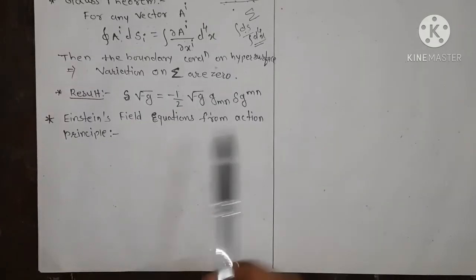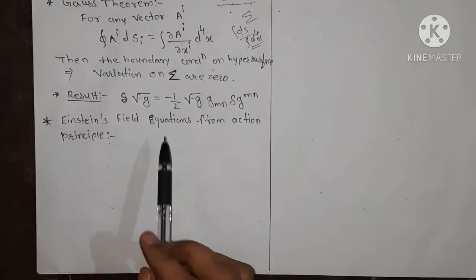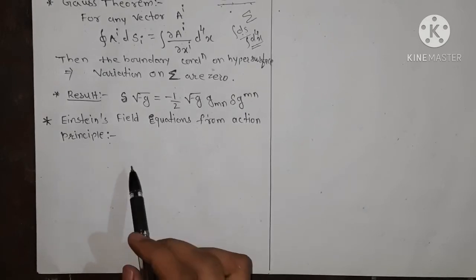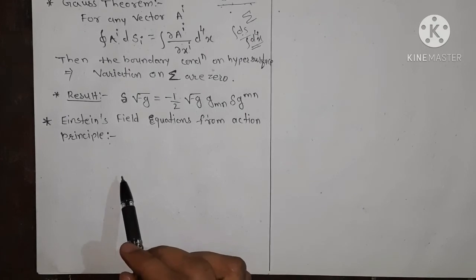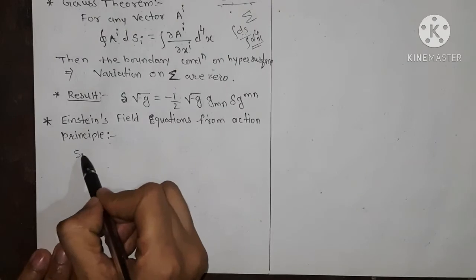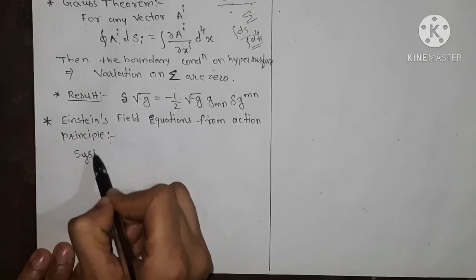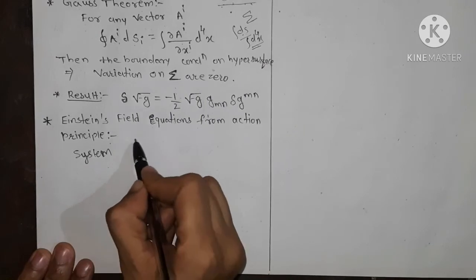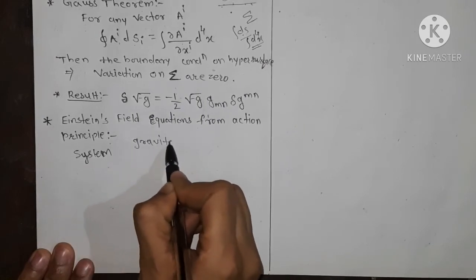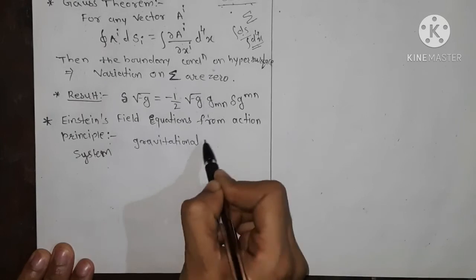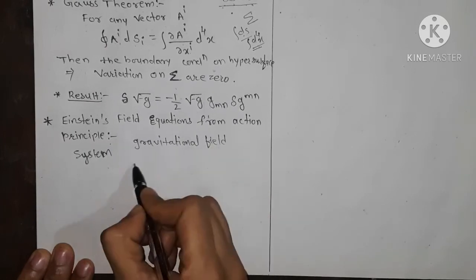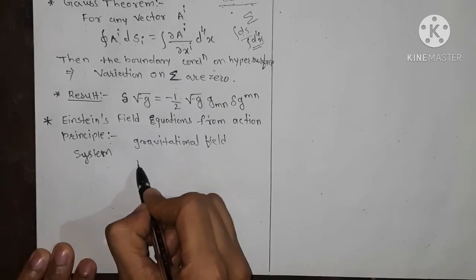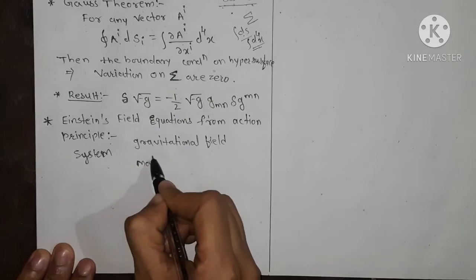Einstein field equation from the action principle. In deriving the Einstein field equation from the action principle, we consider the whole system consisting of the gravitational field and the matter located in it.